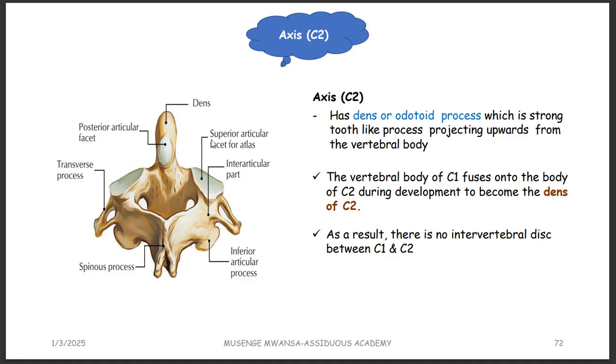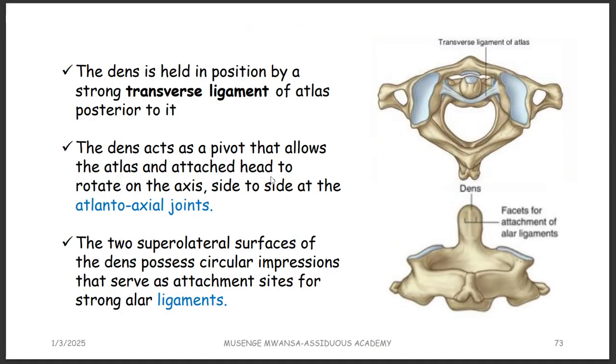The dens is actually believed to have been part of C1, and then during development it ended up attaching here. Okay, so the dens is also known as an odontoid process. And then you can see they form the atlantoaxial joint, which is this joint, and then you have got the transverse ligament that is stabilizing this joint there.